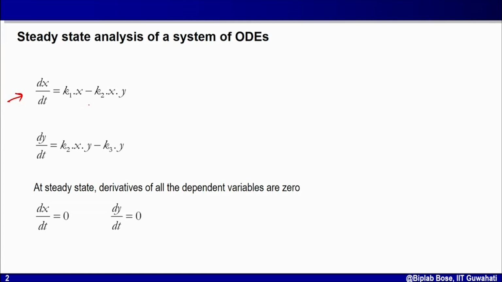For the predator, the rate of change is dy/dt equal to k2 xy minus k3 y. x and y here are dependent variables changing with time. k1, k2 and k3 are the parameters. Let us not bother about the parameters right now.